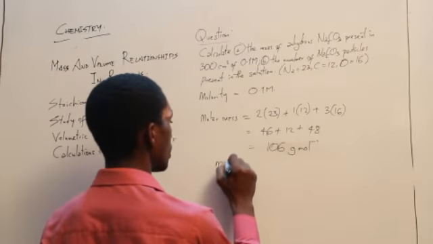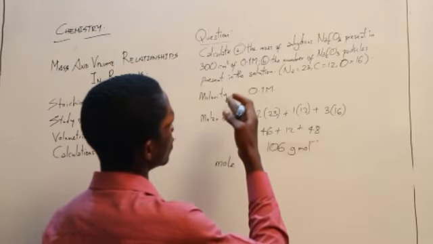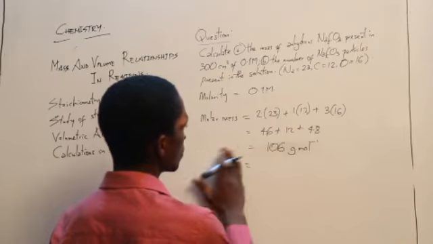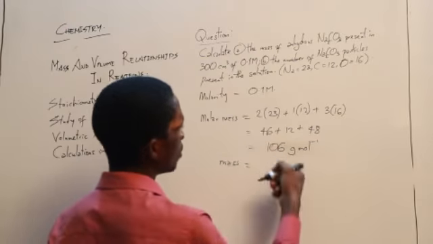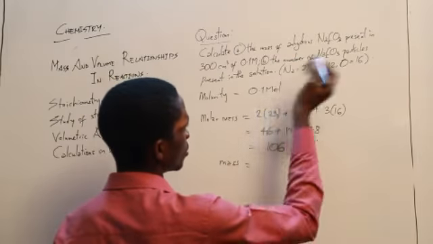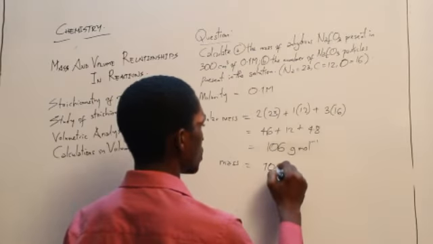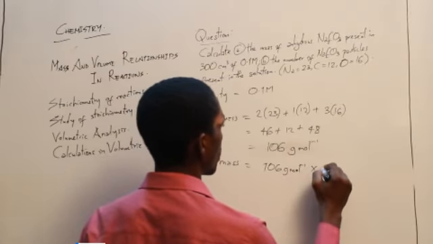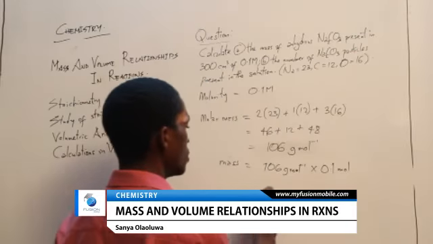Okay, now to determine our mass, which is what we're asked to calculate. The mass will be equal to our mole multiplied by the molar mass. When you multiply, of course, the molarity should go away. So we'll have 106 grams per mole multiplied by 0.1 mole.